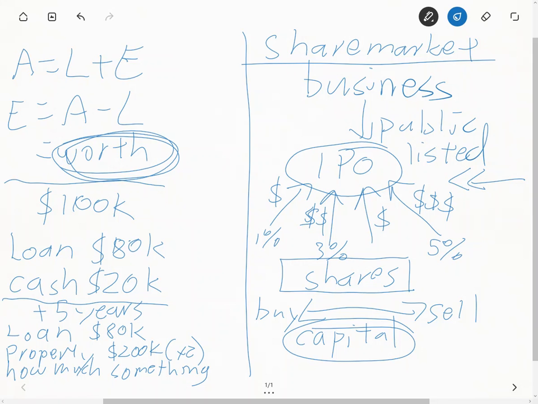So they can just literally create shares out of thin air and just say, right, we're going to issue 1 million more shares of our business and we're going to sell it at X dollars. People buy those shares. So in this case, it kind of functions similar to an IPO, except it's not an initial public offering. It's just something that happens later.